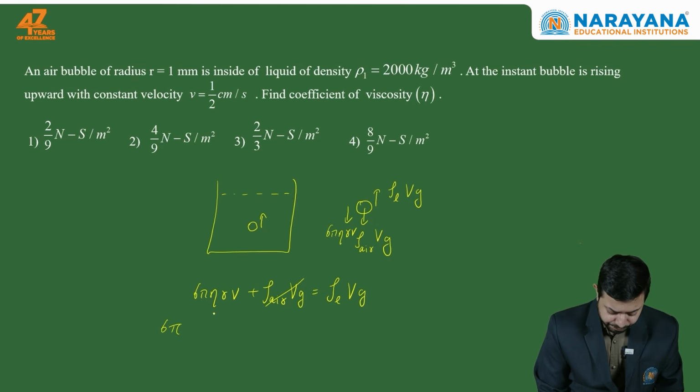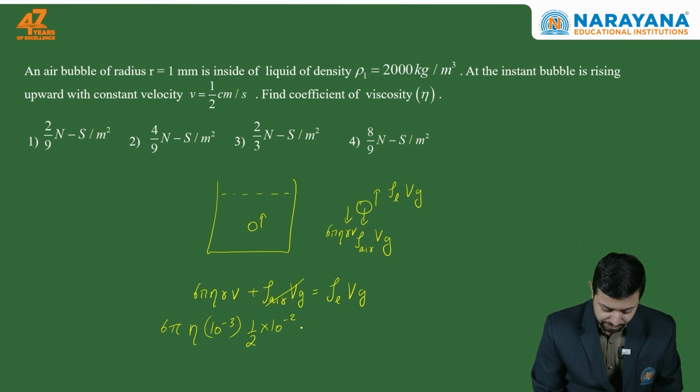6 pi eta r v. We have to find eta. r is given as 1 millimeter, so it will become 10 to the power minus 3 meter, and the speed is half centimeter per second, so I will write half into 10 to the power minus 2 meter per second, and that is equal to the density of the liquid 2000, times the volume 4 by 3 pi r cube. r cube will become 1 cube into 10 to the power minus 9, right?